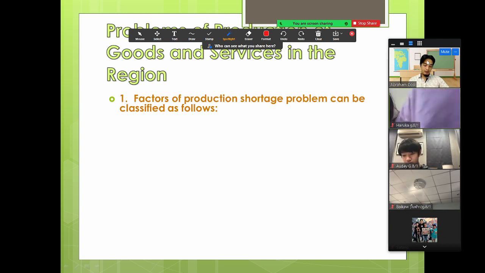We have land, capital, labor, and the entrepreneur. You can also add technology.